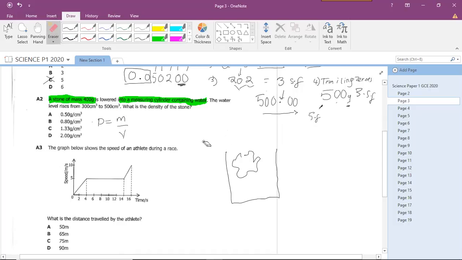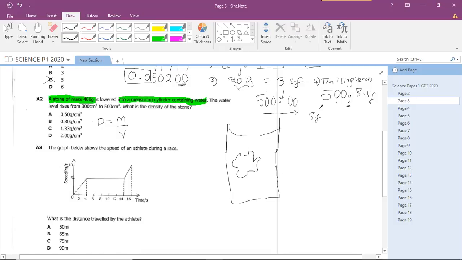I want you to understand why we are lowering this stone into this measuring cylinder to obtain the value of volume. A measuring cylinder is an instrument that is used to measure volume. So they are saying it's lowered into a measuring cylinder and the water rises.